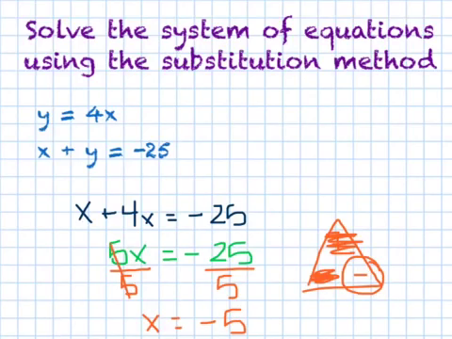Now, remember, when we're solving systems of equations, we want to have our answer in a coordinate pair. So that means we want to have an x and a y. Now that we have our x value, do you see a way that we can find our y value? Well, according to this equation up here, y equals 4 times x. So if x equals negative 5, y equals 4 times negative 5.